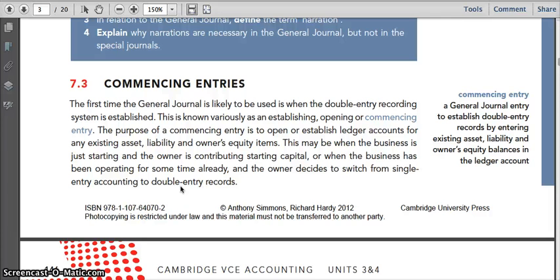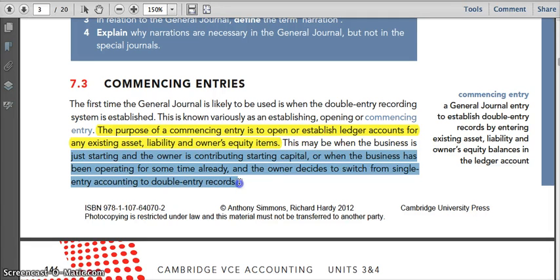So we're talking about opening and establishing ledger accounts for any existing assets, liabilities, and owner's equity items. This might happen as the business is just starting, when the owner's contributing the starting capital, or as I was saying before, when the business has been operating for some time already, and then the owner decides to switch from single entry accounting to a double entry way of recording things.